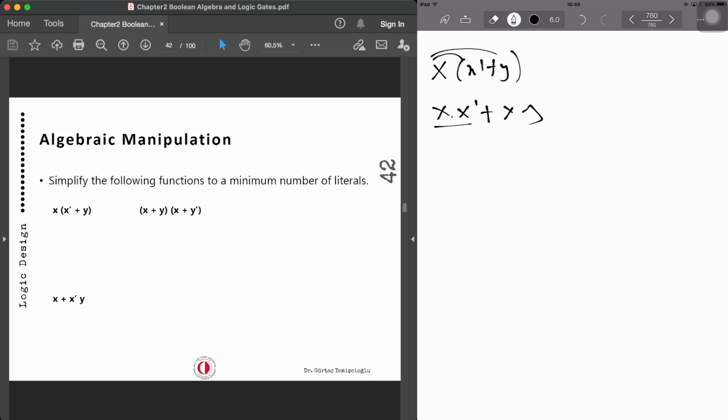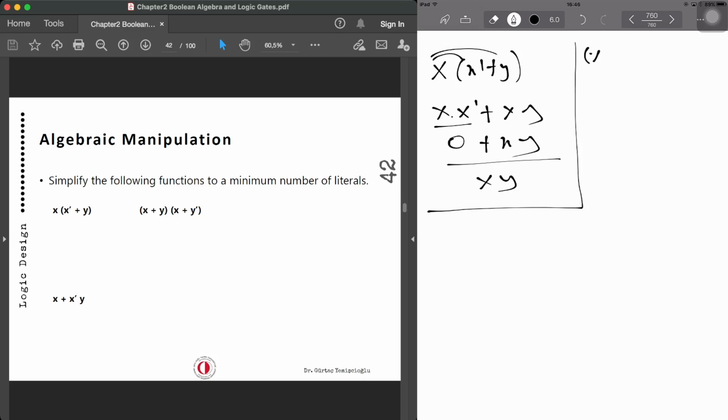It's always 0. 0 or xy is what we are going to get. If you OR something with 0, you get the original value, which is xy. So this is the first one. You can try it by yourself if you want.